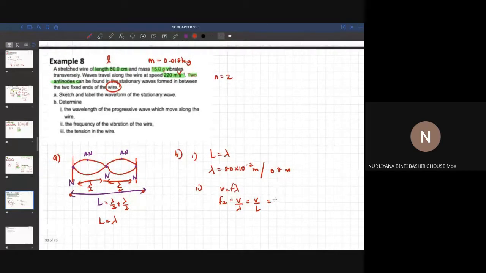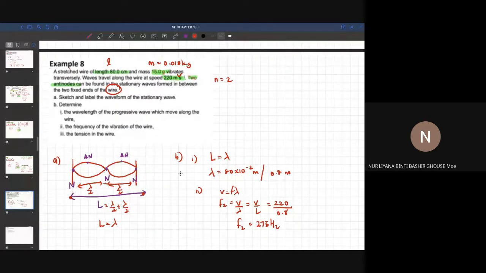So you can put in 220 divided by the length 80 cm, which is 0.8. You will get the frequency is 275 Hz. That is for the second question.